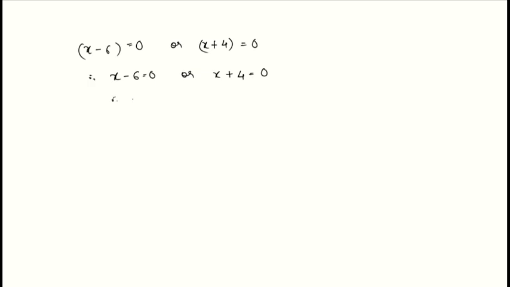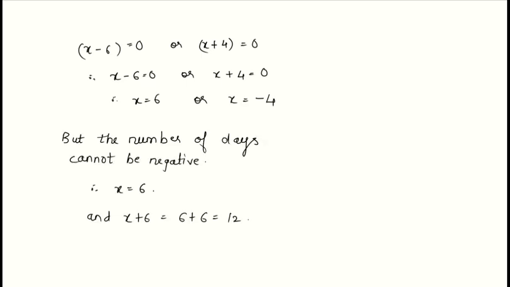Therefore, x is equal to 6 or x is equal to minus 4. But we have two values, x is equal to 6 and x is equal to minus 4. But what is x? It is the number of days, and the number of days cannot be negative. Therefore, x is equal to minus 4 is not acceptable, and hence x is equal to 6 is the number of days.